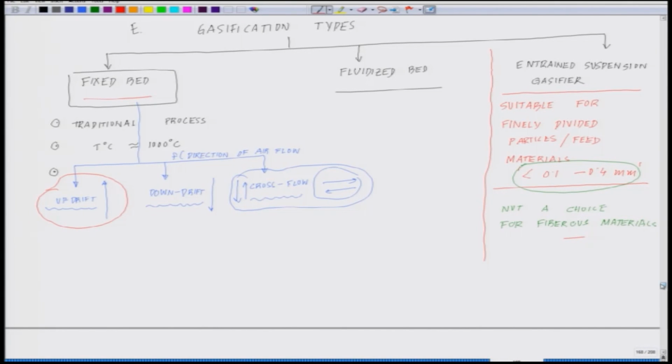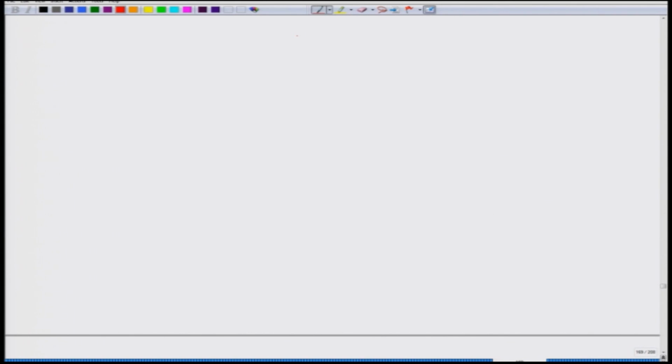So, before we put down the notes, let us draw the schematic of how the updraft gasifier looks like. So, this is how it more or less looks like.